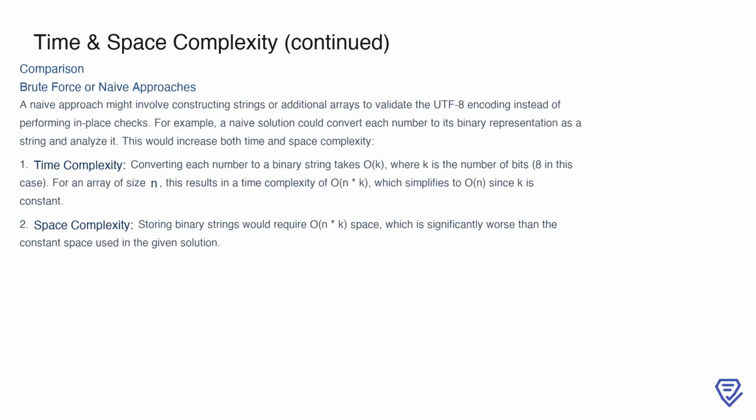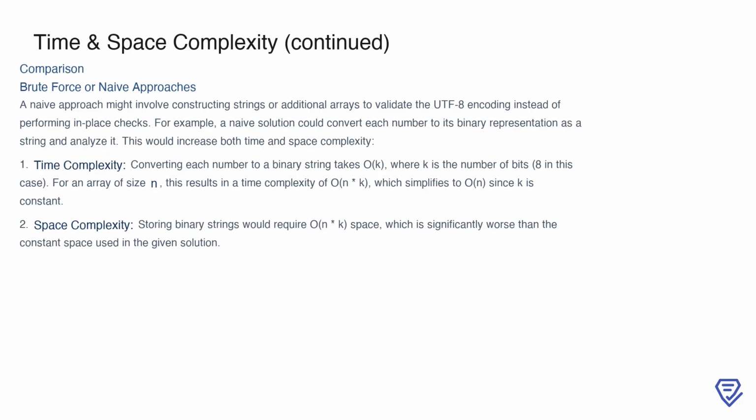To better understand the efficiency of this solution, let's compare it to a naive approach. A naive method might involve converting each number in the array into its binary string representation and analyzing it. While this approach could work, it would significantly increase both time and space complexity. For example, converting a single number into a binary string requires k time, where k is the number of bits, which is 8 in this case.